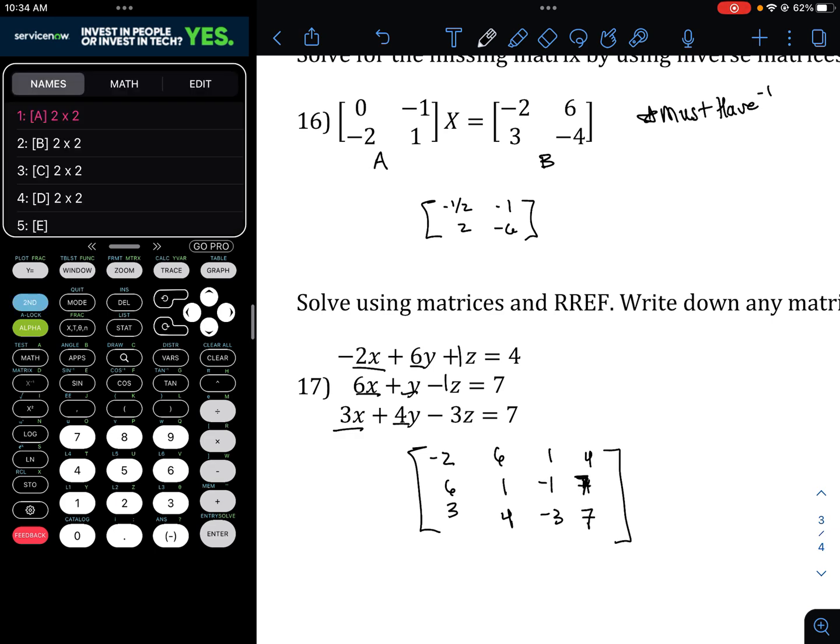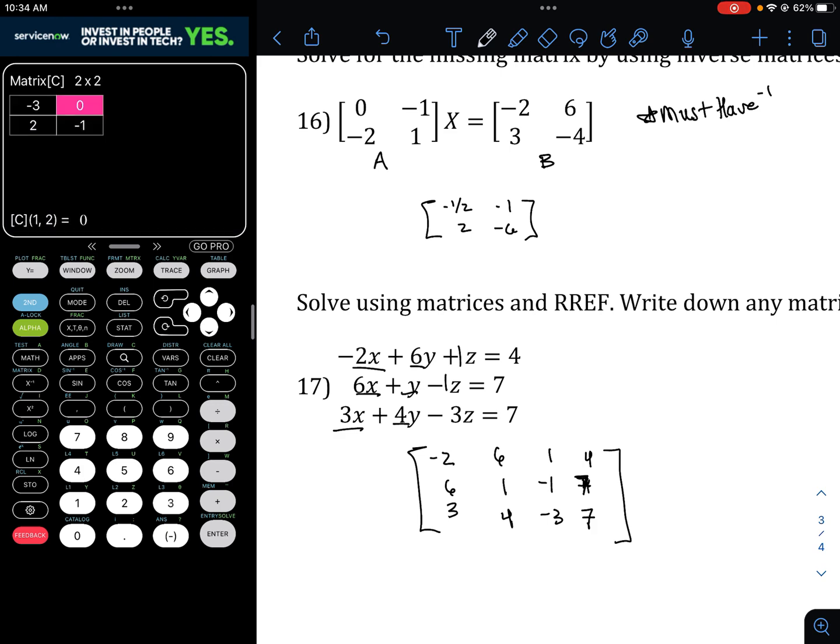When we put that into our matrix, okay, let's put this in for 3. For matrix C, we have a 3 by 4. And you're putting those coefficients in: 6, 1, -1, 7, 3, 4, -3, 7.